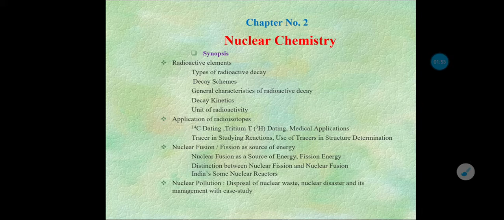These reactions involve formation of bonds and breaking of bonds. In all these processes, electrons play a very important role. But nuclear chemistry is something different from these other chemistries.